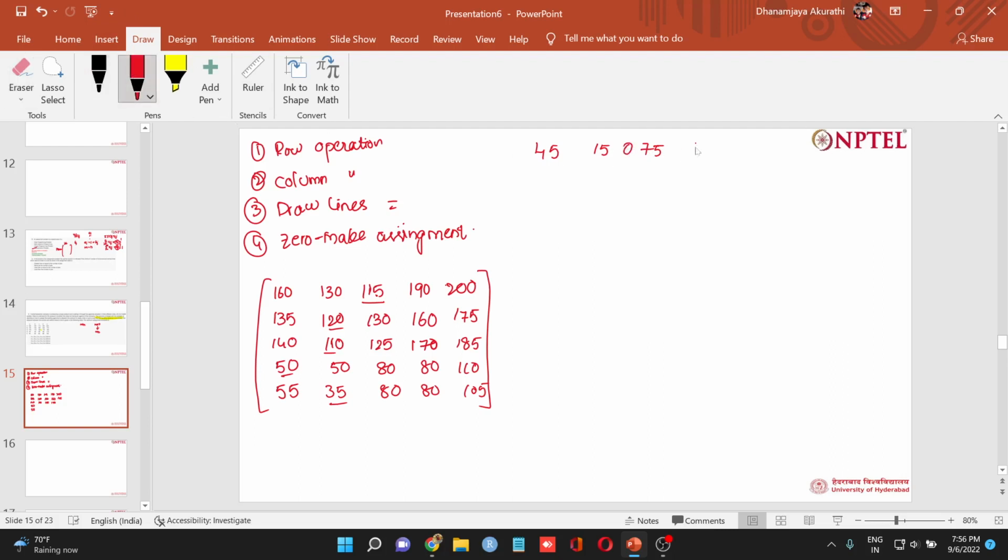Okay, here it is 0, 75, and here it is 85. 115 minus 115 is 0. So here 135 minus 120, that is 15, and 0, and 130 minus 120 is 10, 40, and here 175 minus 120 is 55. Right. In a similar way, you do it for all the rows. Then you can find the row operation.